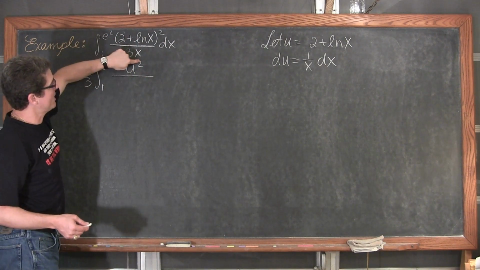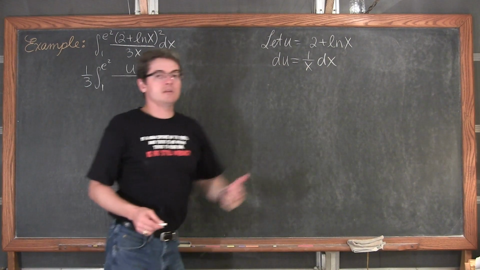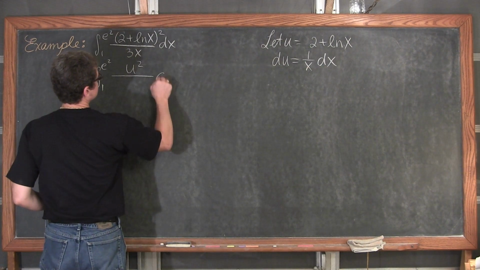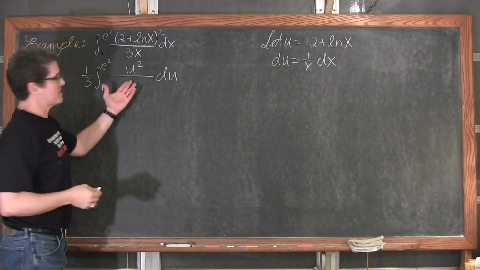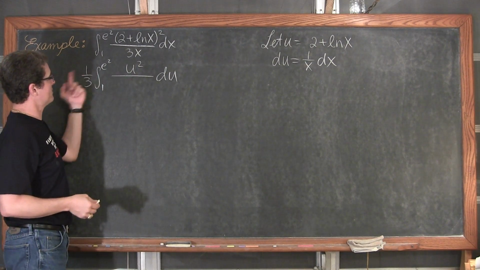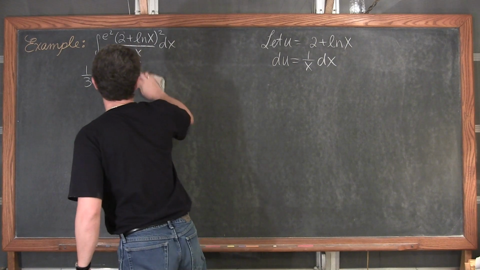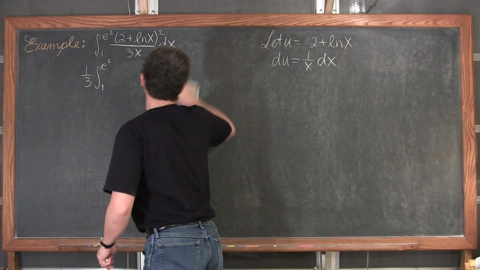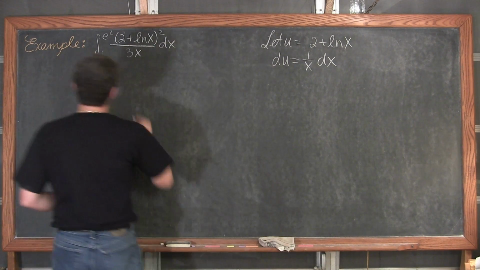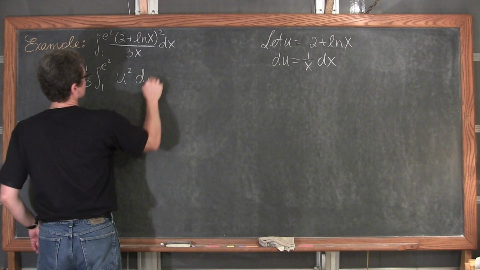So that 1 over x dx is equal to du. And I was setting up to write a fraction, but actually that 1/3 came out front. So really I could simplify this to be u squared du.